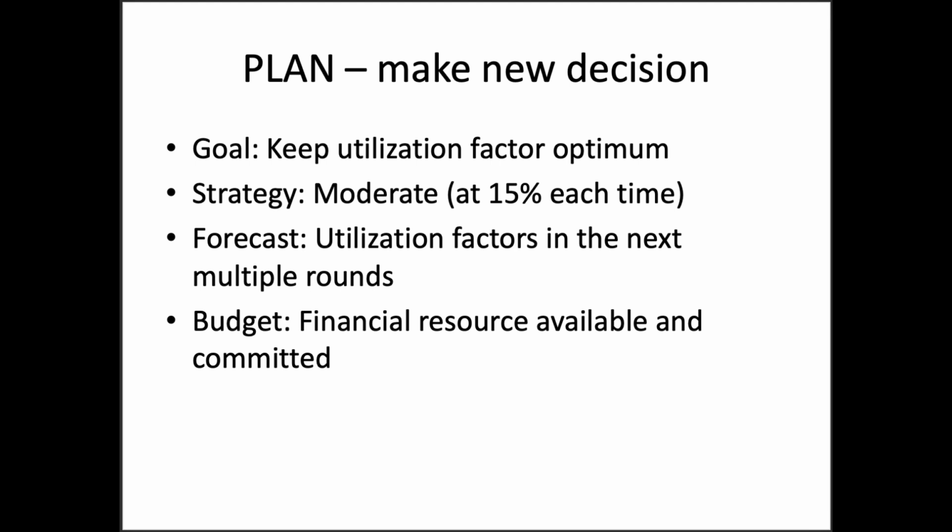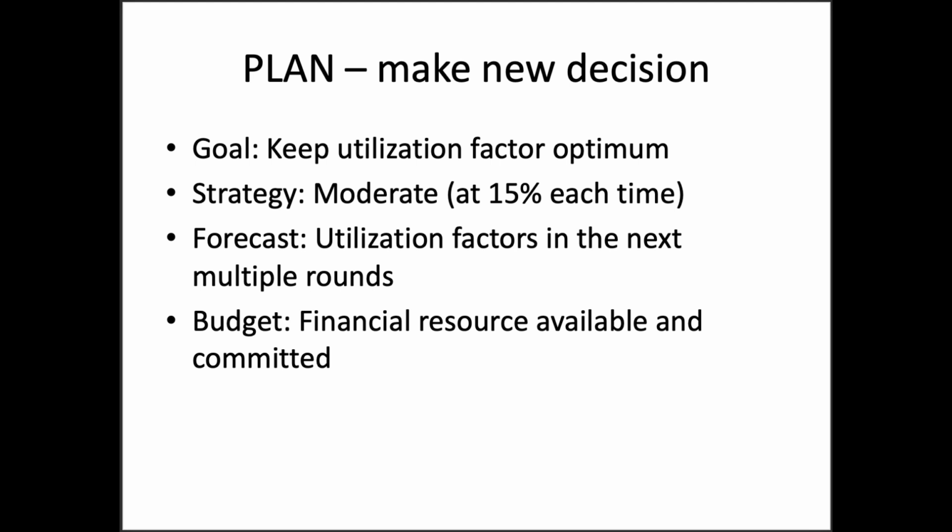The goal is to keep the utilization factor optimum. What is optimum depends on your circumstances. You may want to have more cash and not invest, risking under capacity. This goal will lead you not to spend on equipment investment in the next round.